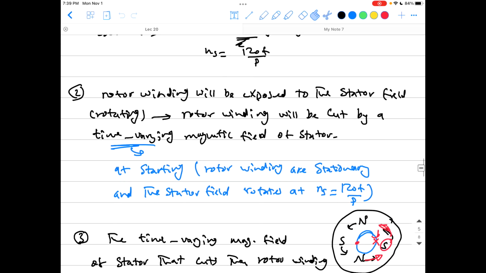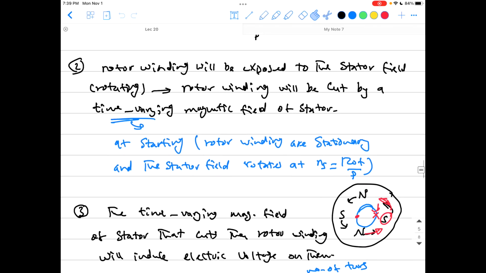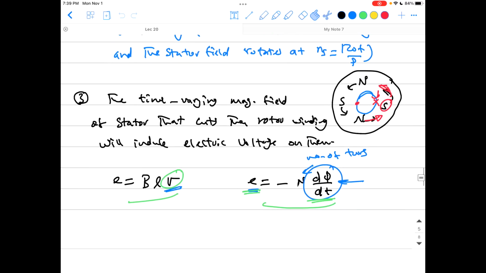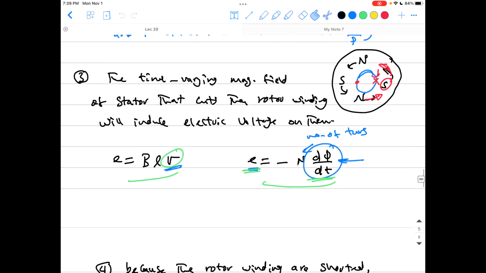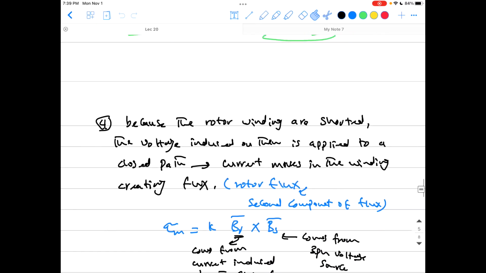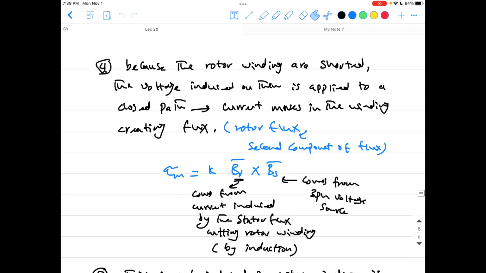At the beginning, the rotor winding will be at standstill. That means they're not moving at all. They are seeing rotating magnetic fields, so they see it as a time-varying magnetic field. And that's all you need to have a voltage induced on these rotor windings. Like we said in the construction, because the rotor windings are short-circuited, this induced voltage will be applied to a short-circuited path, and this will move current into the rotor winding.